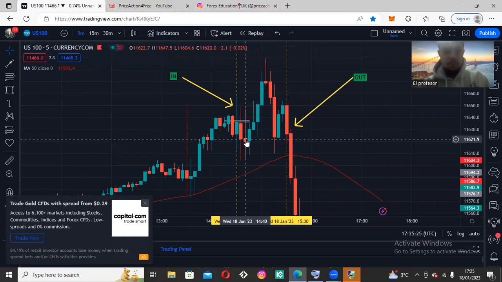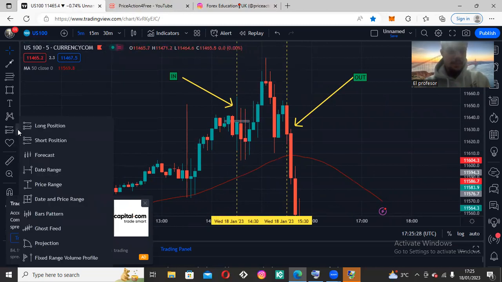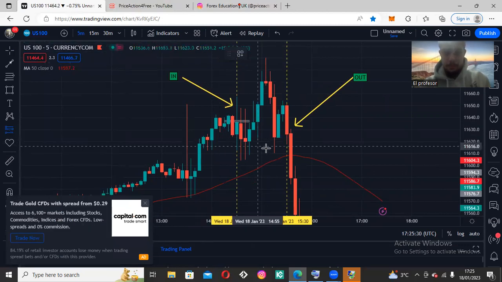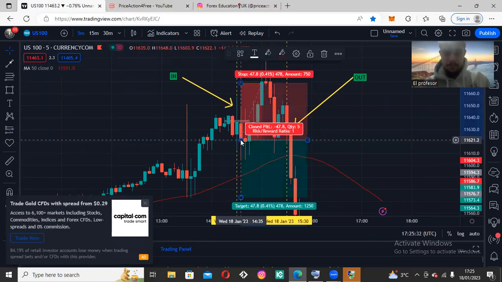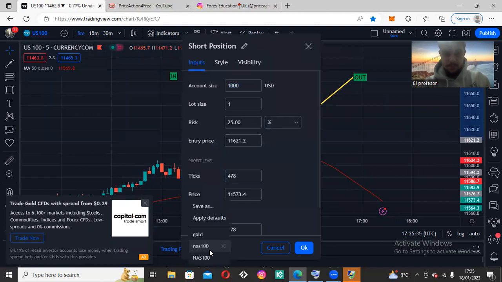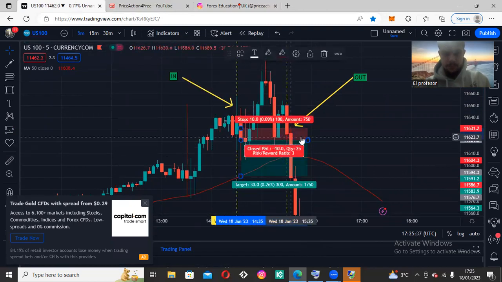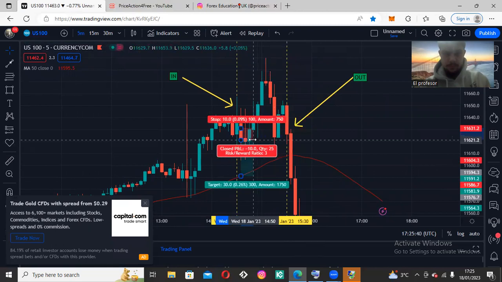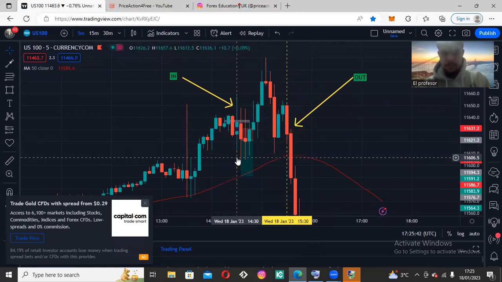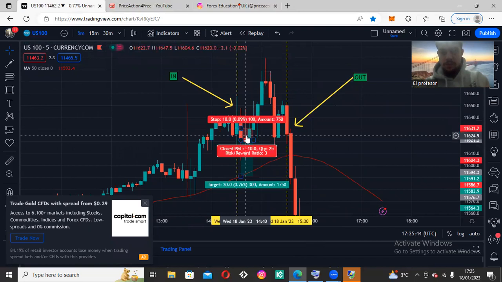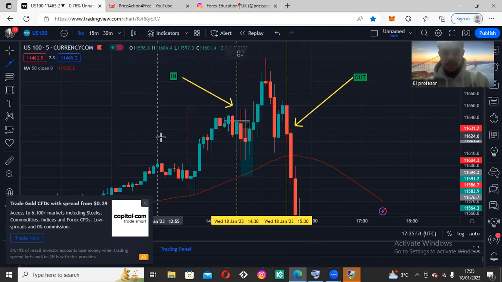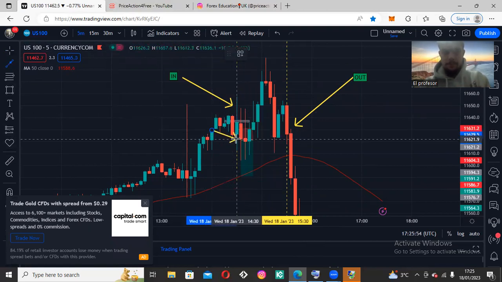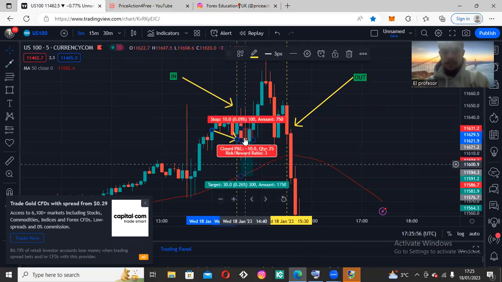So at this moment, I will take a trade right here. Where the price goes down, boom, I execute a trade right here. Risk to reward 1, 2, 3.